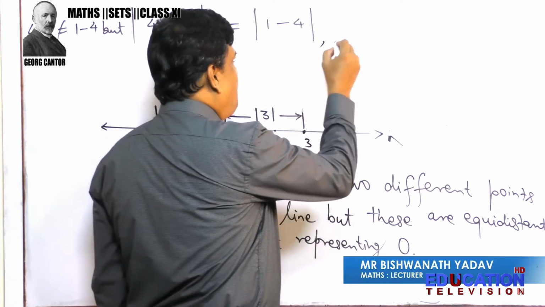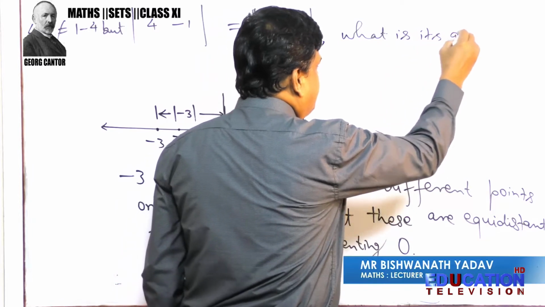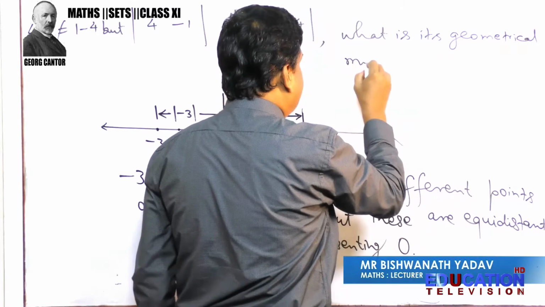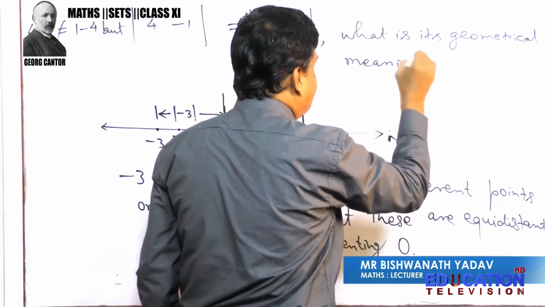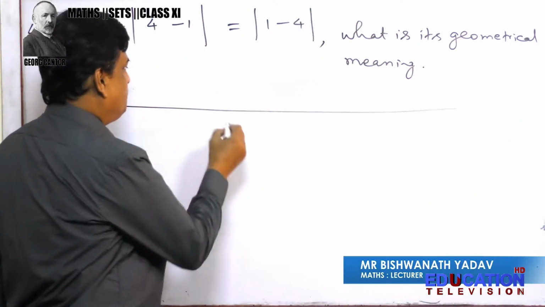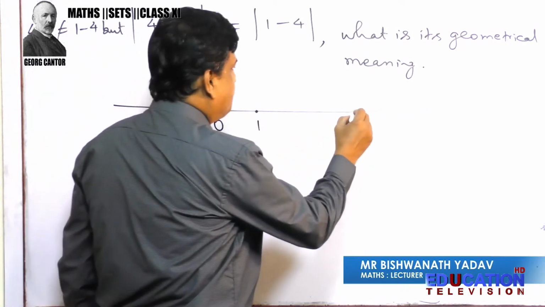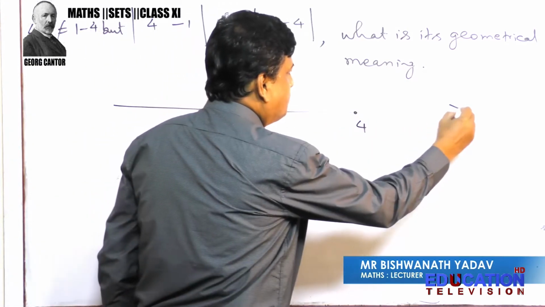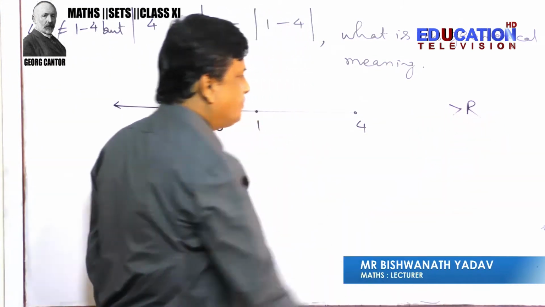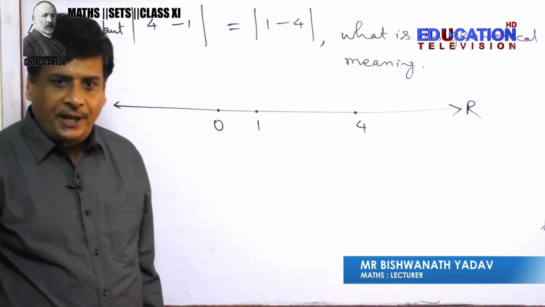What is its geometrical meaning? 1 and 4 represent two different points on the number line.